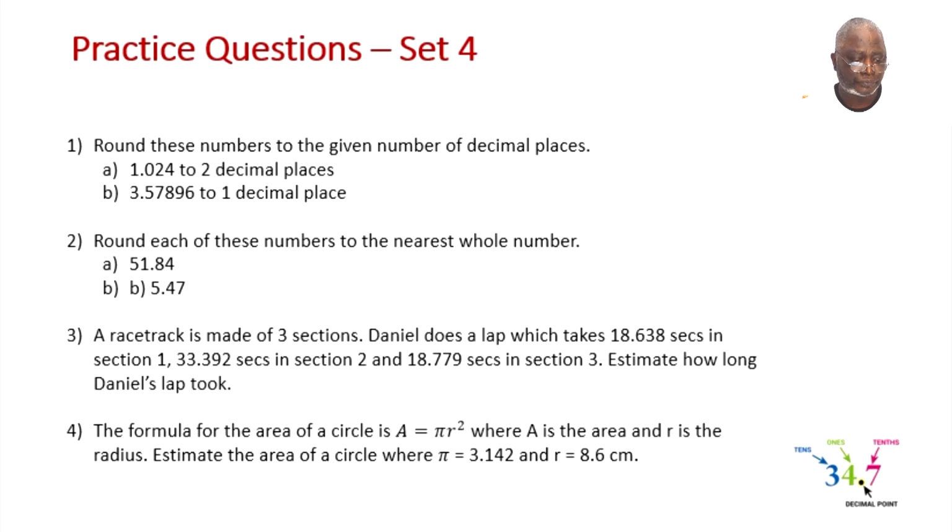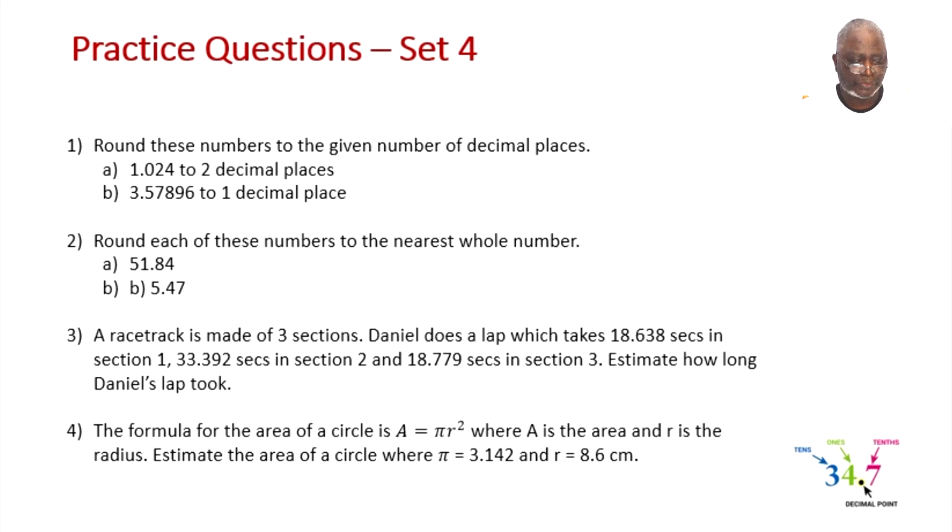Question 4. The formula for the area of a circle is A equals πr squared, where π is pi, A is the area and r is the radius.